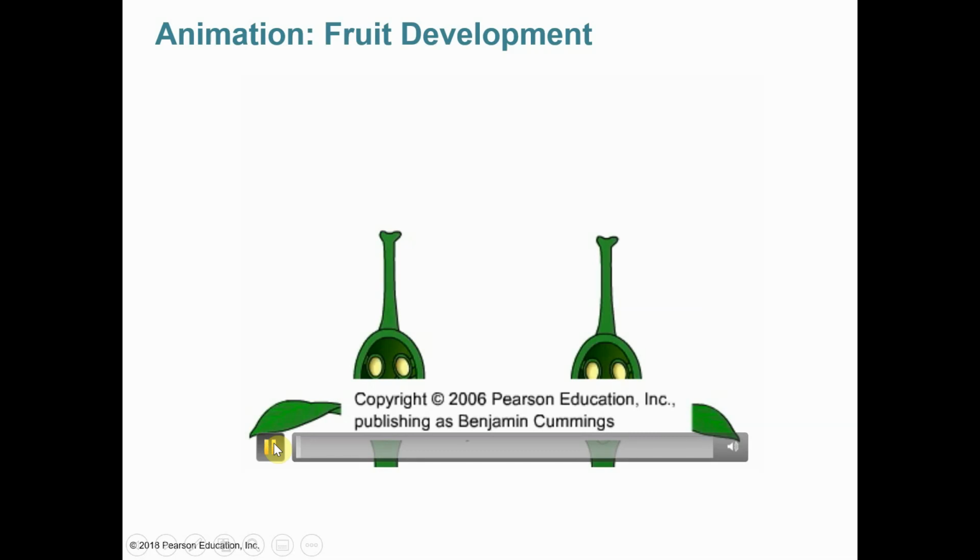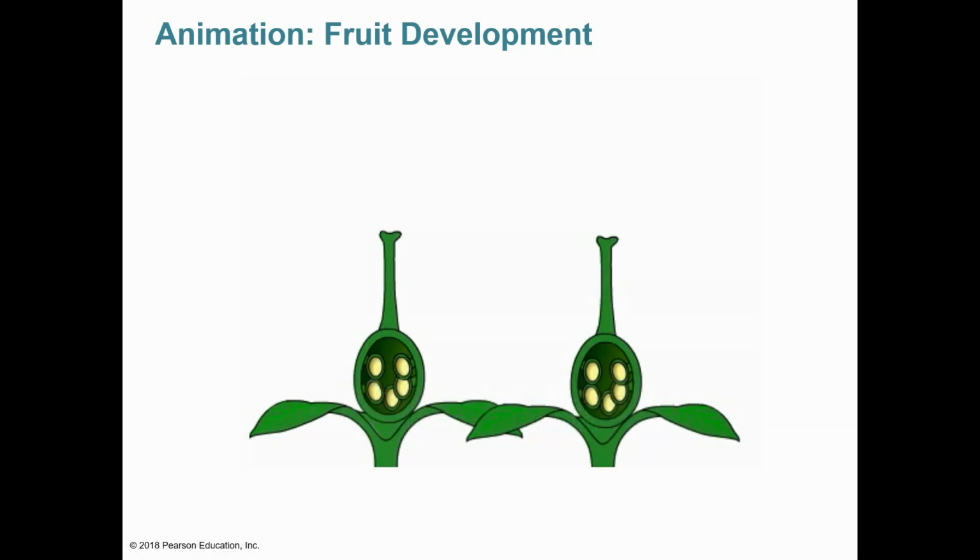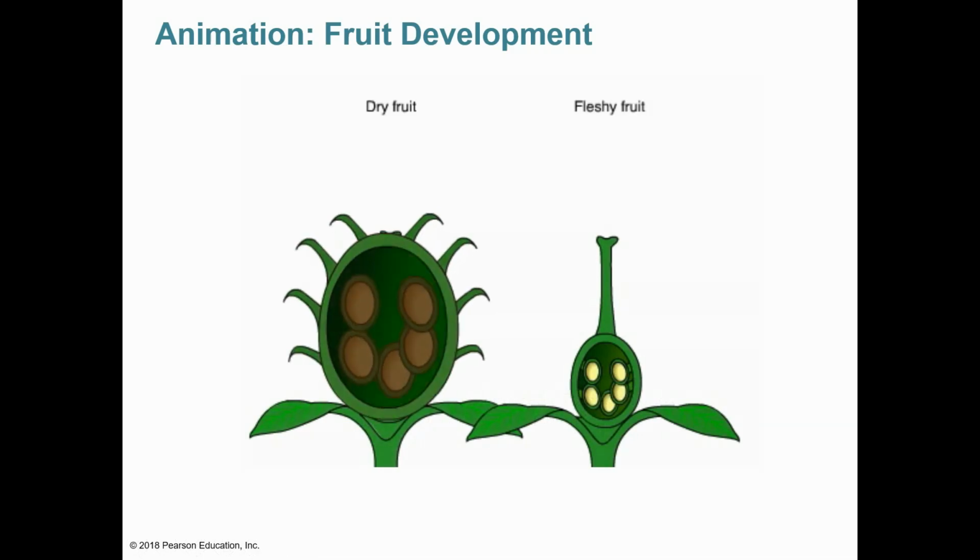The ovaries change their function and develop into seed-dispersing structures called fruits. There are many patterns of fruit development, depending on the number of carpels, ovaries, and flowers that form one fruit. Fruits can also be divided into the categories of dry fruits and fleshy fruits. In dry fruits, the ovary dries out at maturity. It may develop hooks that catch animal fur, as in this example.